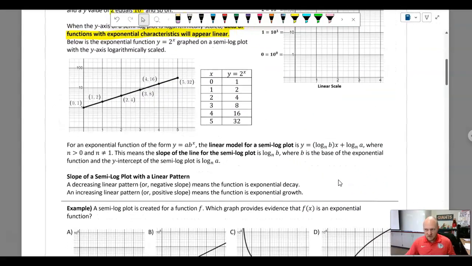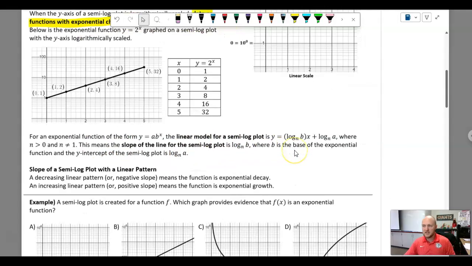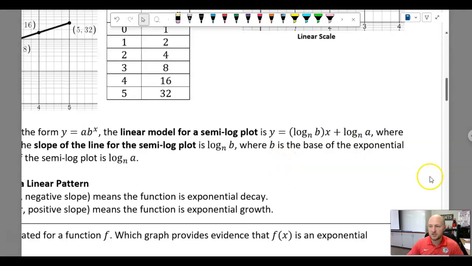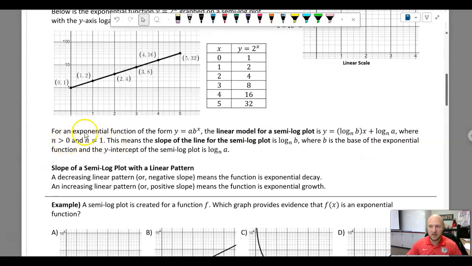So for an exponential function of the form y equals a times b to the power of x, the linear model for a semi-log plot will be this. We're going to take a log of each side. And so we get y equals log base n, it can be any n, of b to the power of x plus log base n of a, where n must be greater than 0 and cannot be equal to 1.